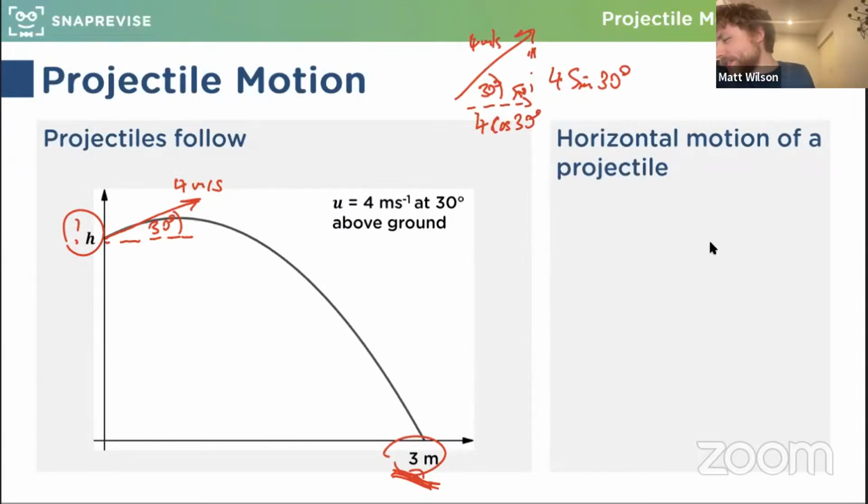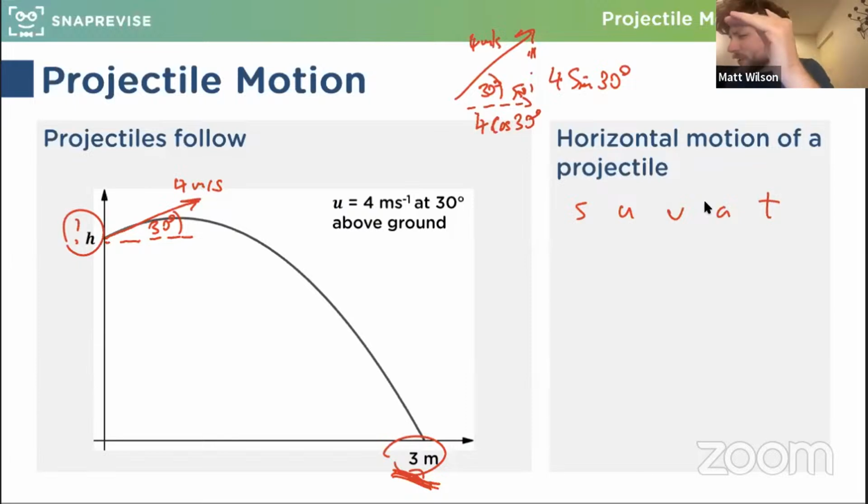Okay, so for the horizontal motion, we could look at S, U, V, A, and T. But, and this is something worth asking yourself, so feel free to pause here: what is the acceleration in the horizontal direction? If it was vertical, we'd know that it was 9.81, the acceleration due to gravity.